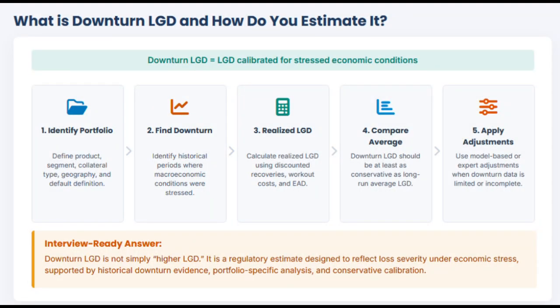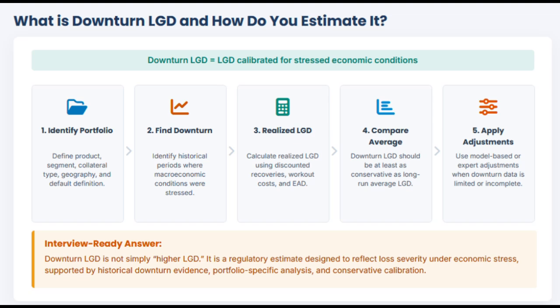Now, what is downturn LGD and how would you estimate it? Here, the downturn LGD reflects the LGD during the economic stress required under Basel for capital calculation. Following the EBA guidelines, I identify the historical downturn periods specific to the portfolio, estimate the LGD during those periods, and then apply model based judgments if data is insufficient.